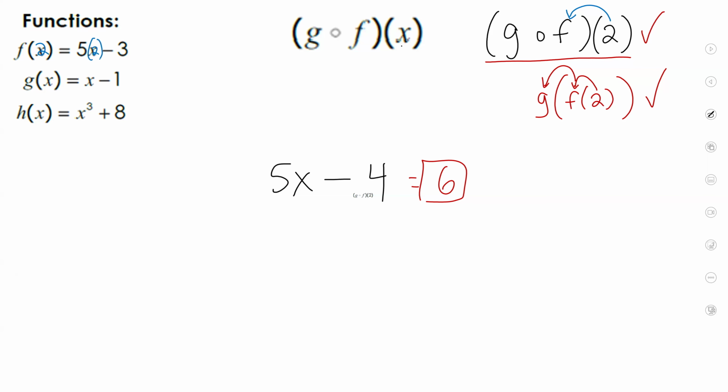When you put a 2 inside of f, what do we get? 10 minus 3 is 7. Now we're going to put that answer inside of g. So put the 7 inside of g, and what do we get? 6. That's what we have here. So you guys can do the composition and then put the number in, or you can just do 2 inside of f, put that answer inside of g. Okay, there's 2 ways you could do that.